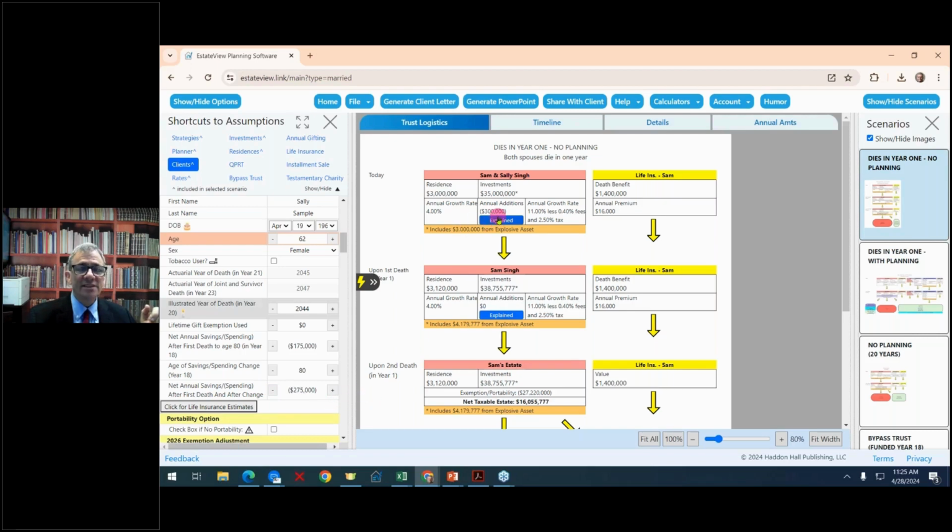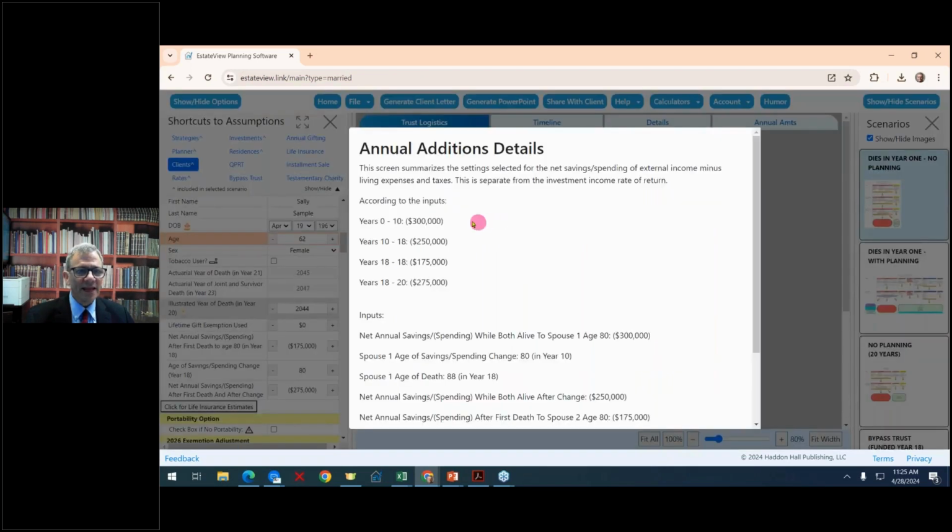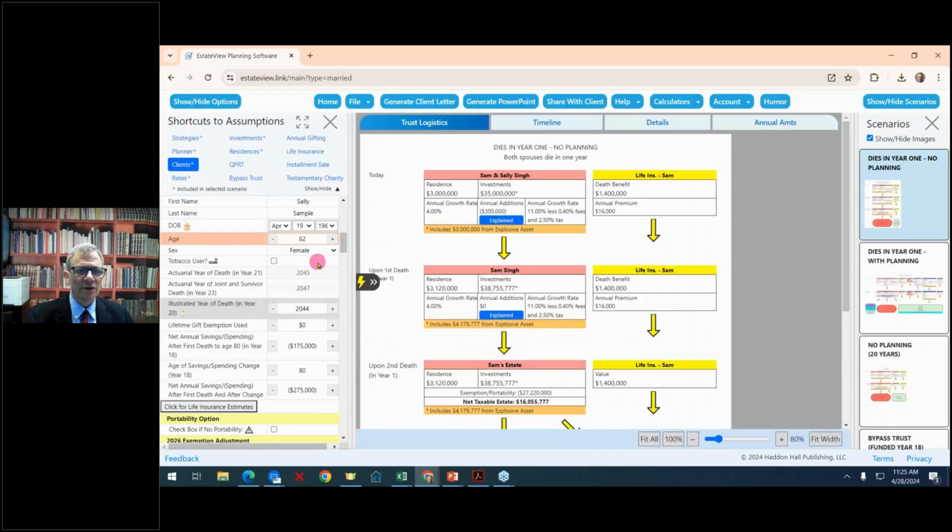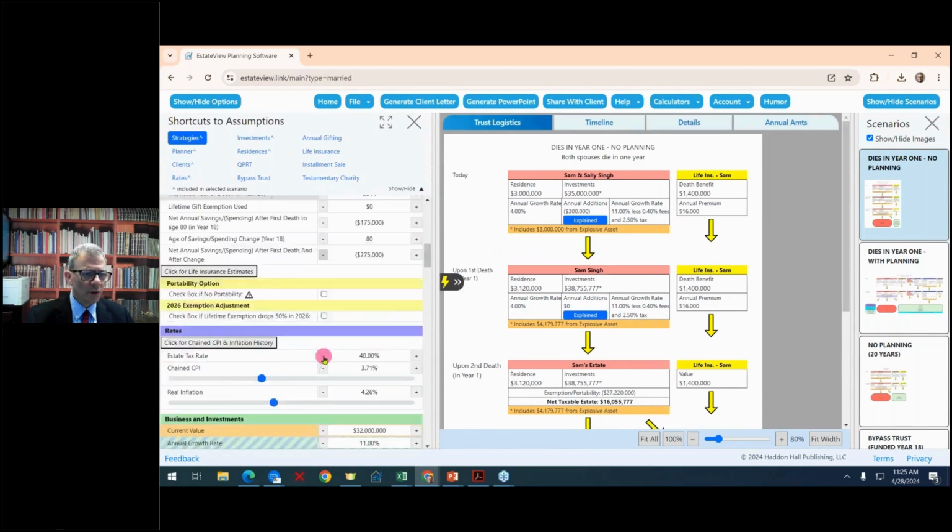And if you ever want to have that explained to you, you can click on the Explained button, and then it tells you where you are as far as additions or subtractions from the portfolio, depending on where the client is. So that is definitely a useful tool.